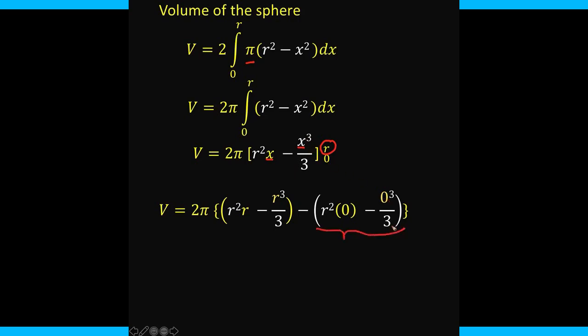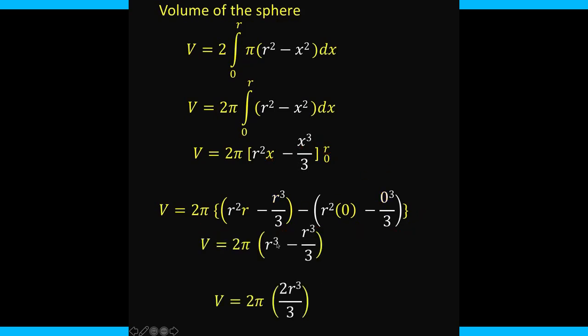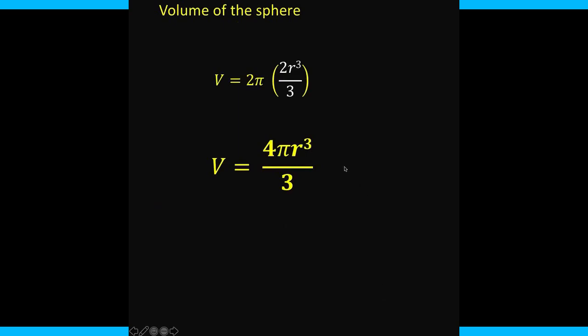This right part is equivalent to 0, so what would be left is this first term. Then simplifying this, copy 2 pi, r cubed minus r cubed over 3 is 2r cubed over 3. And simplifying further, 2 times 2 is 4, copy the pi, copy the r cubed, and copy the denominator 3. And so, we now arrive at this formula, which is also equivalent to 4 over 3 times pi r cubed.